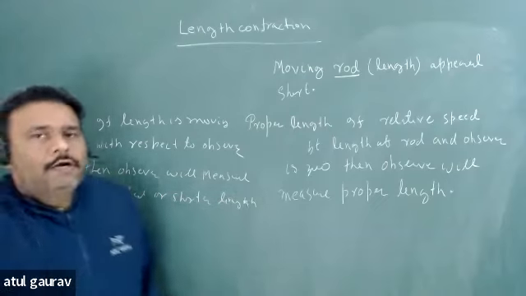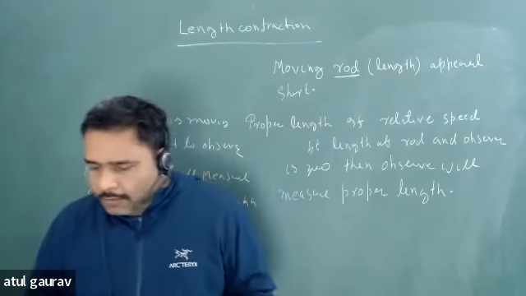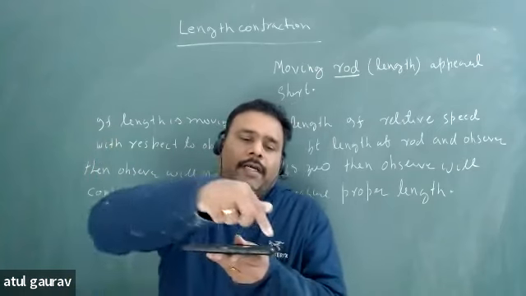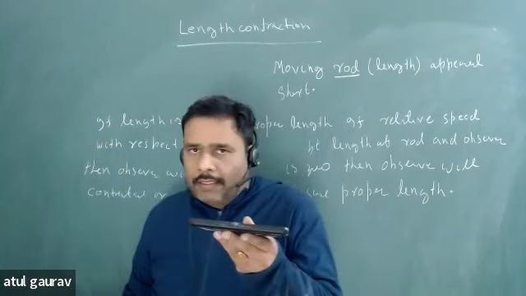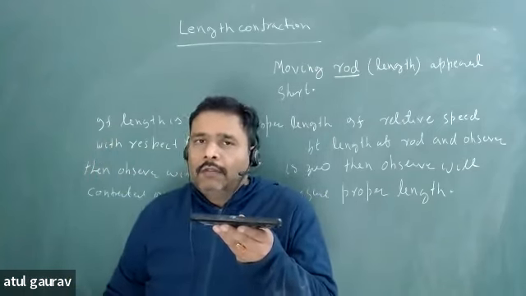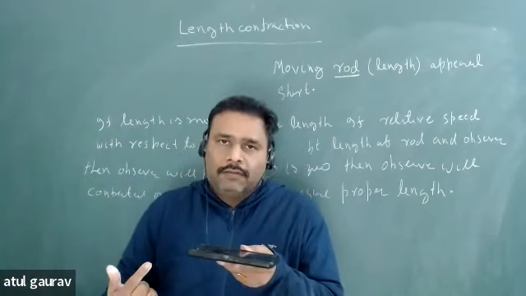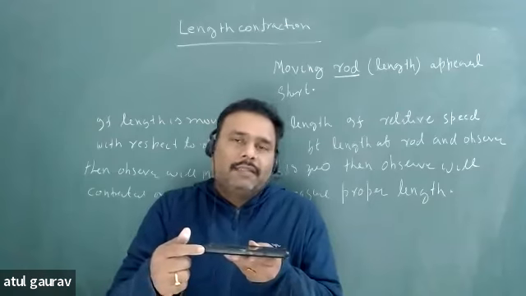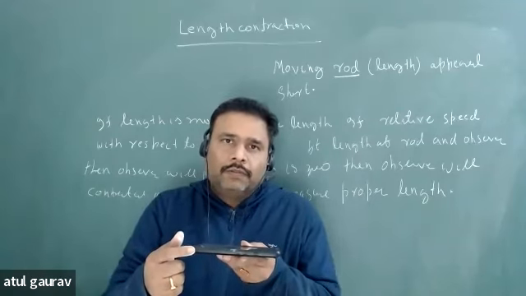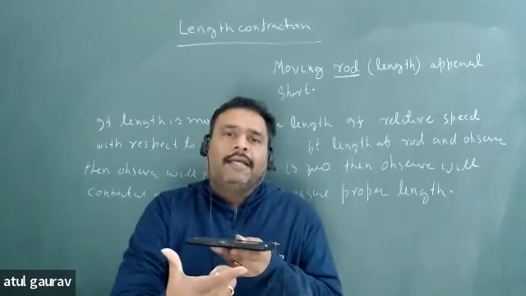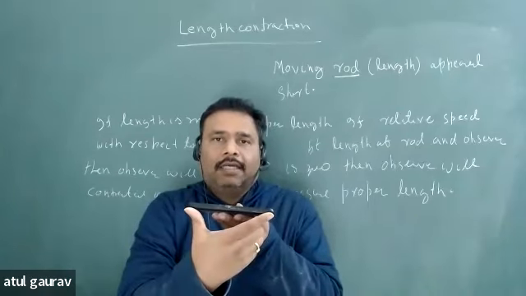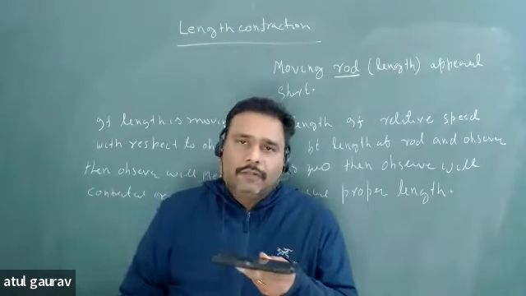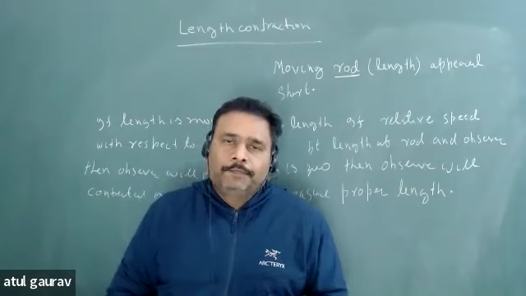Now, what is the meaning of length? Meaning of length is that you are watching these two ends simultaneously. Are you getting my point or not? When can you perceive length? If you are seeing only this point, can you perceive length? No. Whether it is shorter or greater, how do you see? When you see these two edges at the same time.